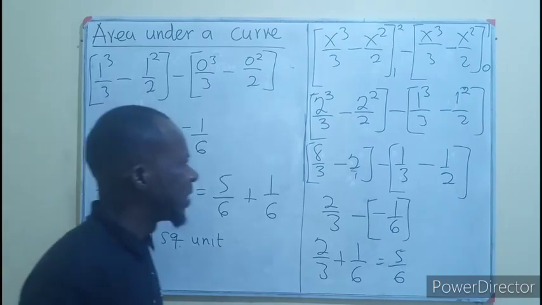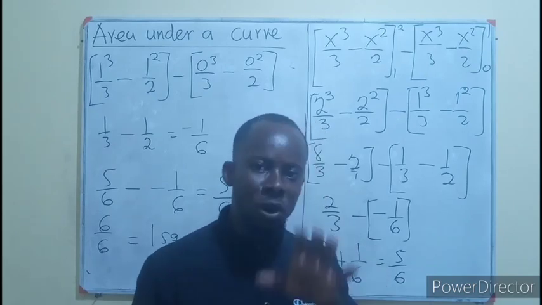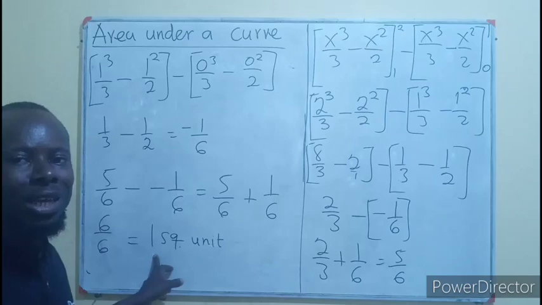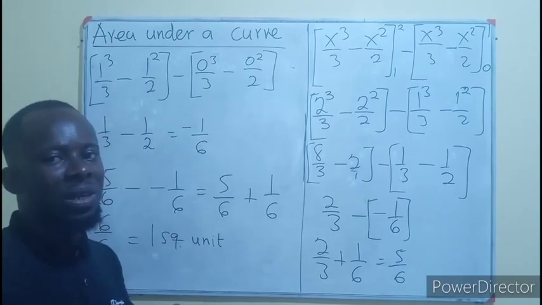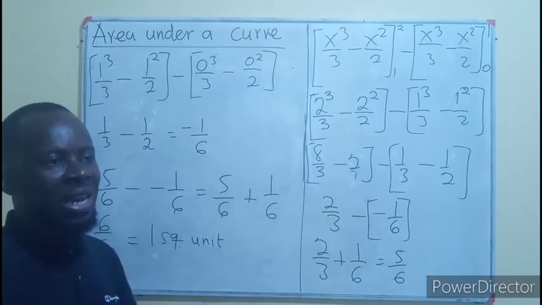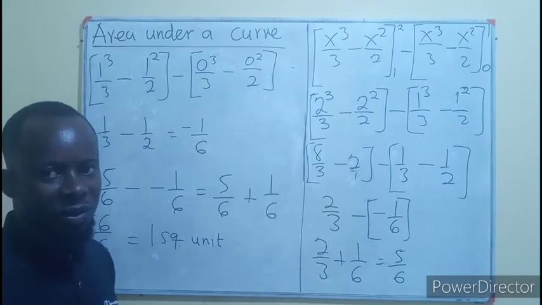Now, that simply means that the area under that curve, which is both below and above, is just 1 square unit. So if you are asked to sketch, you can sketch and see which areas you are calculating.